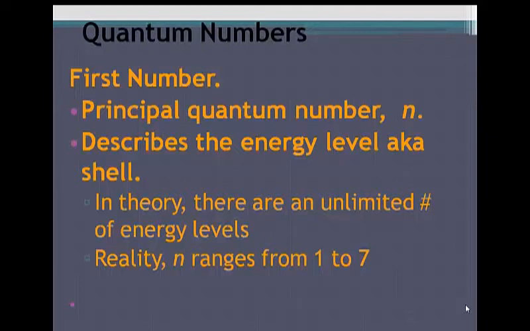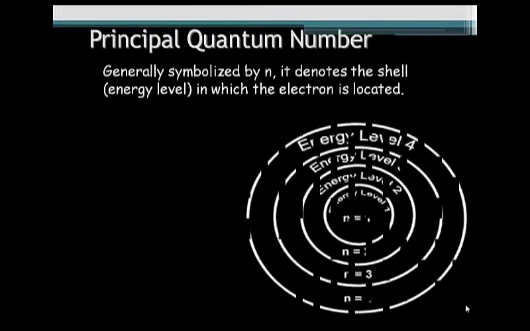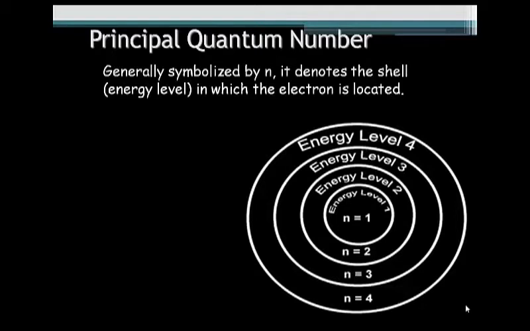In theory, there's an unlimited number of energy levels, but in reality, all the substances that exist on Earth are in energy levels that range from 1 to 7. If we marry up Bohr's model with this idea of energy levels, you can see that his orbits around the nucleus can be translated into an energy level.